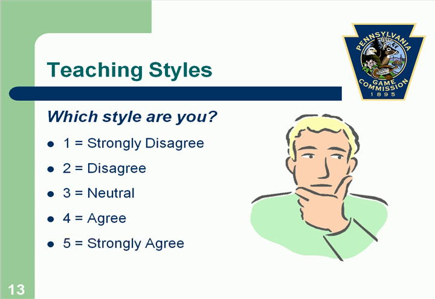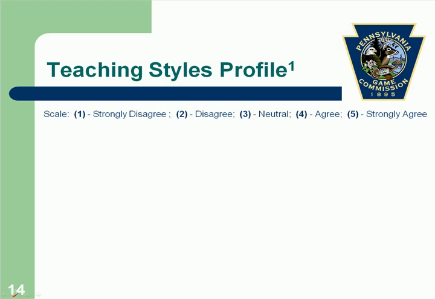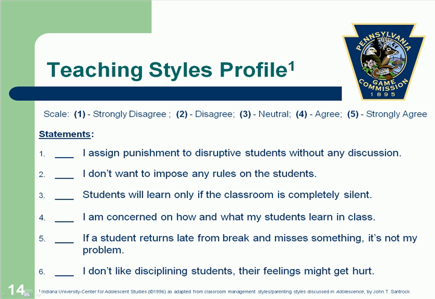And 5, you strongly agree. On a piece of paper, number 1 to 12, for the 12 statements that we'll be looking at. Assign a number on how you feel about each of these statements. Now let's take a look at the last 6 statements.